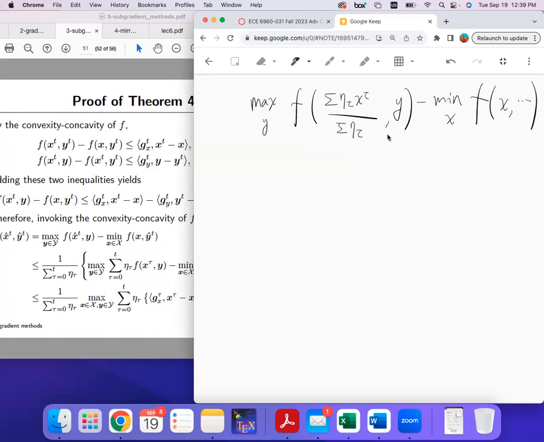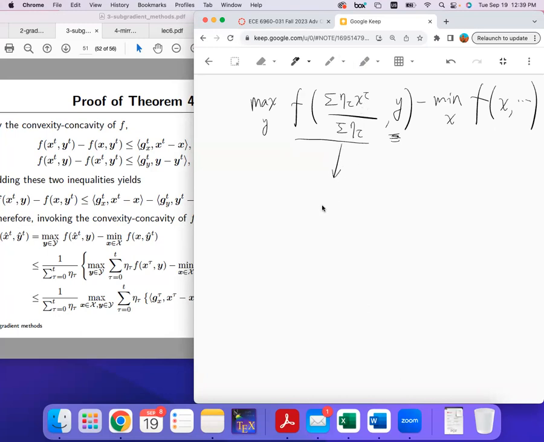Now, for a fixed y, this function is convex in x. Therefore, look at this weighted average. This is a convex combination of all these points x tau.